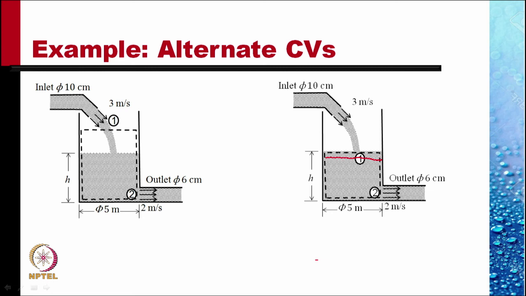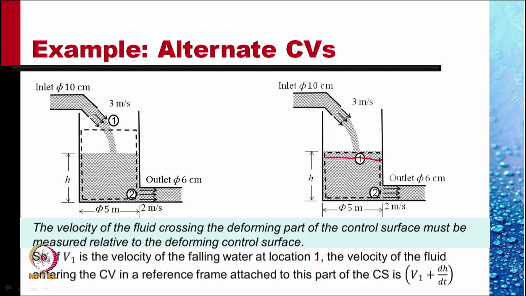The velocity at which the water is crossing into the control volume, the relative velocity. To state it again, the velocity of the fluid crossing the deforming part of the control surface must be measured relative to the deforming control surface. So V1 is the velocity of the falling water at location 1. The velocity of the fluid entering the control volume in a reference frame attached to this part of the control surface is V1 plus dH by dt. And if we use this equation, we would again get back the same result.